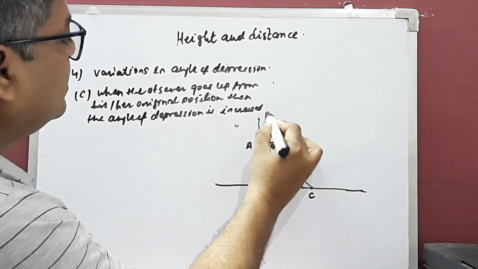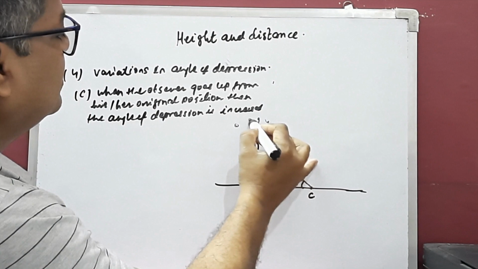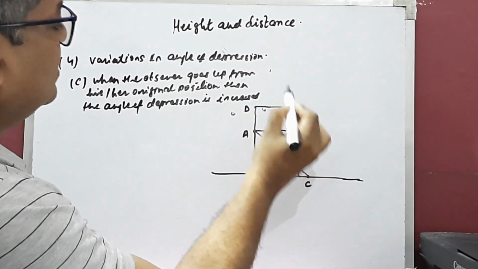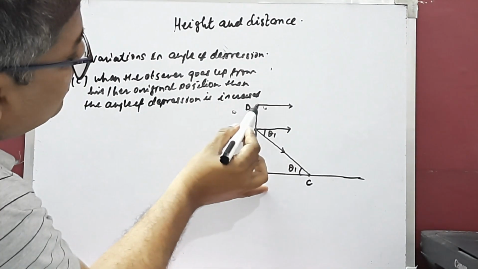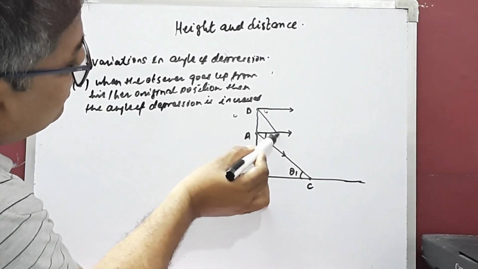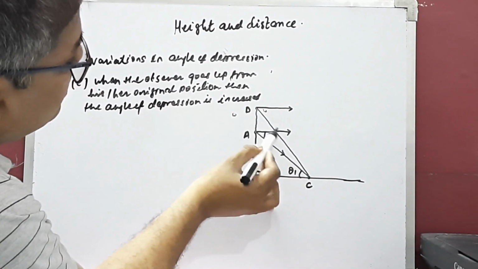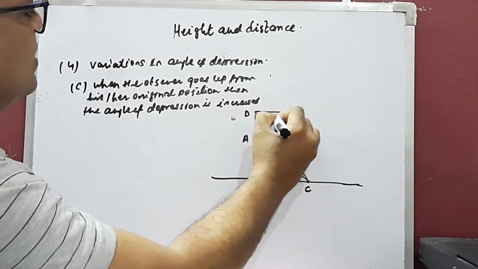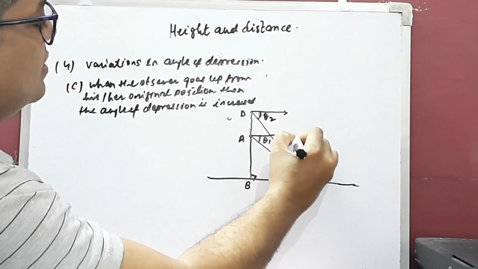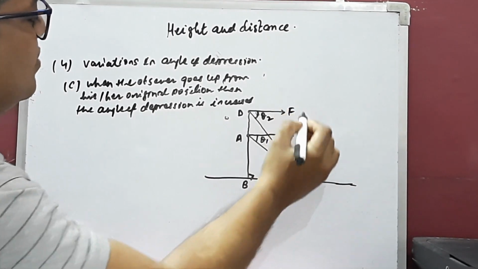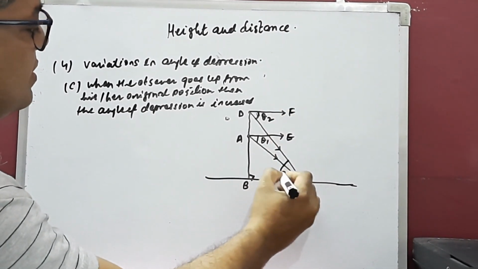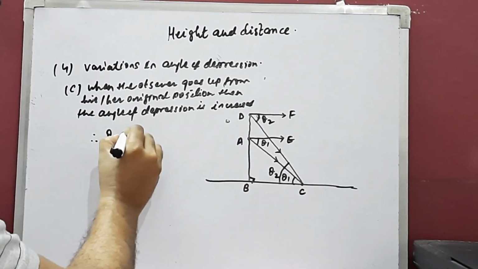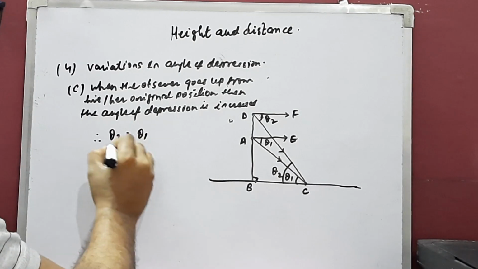This is D. And from D you will plot this, and he will watch this object along this line, and this is the new angle of depression theta 2. This is E, this is F. Therefore, theta 2 is greater than theta 1.